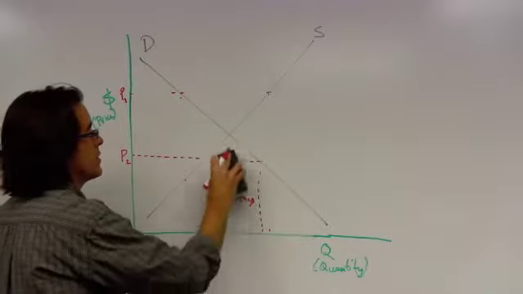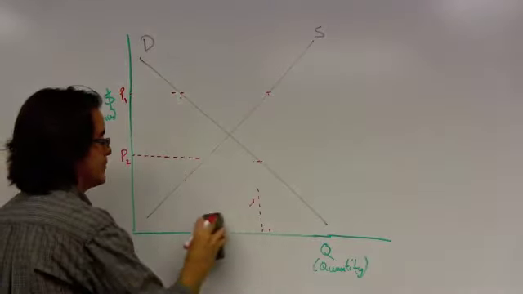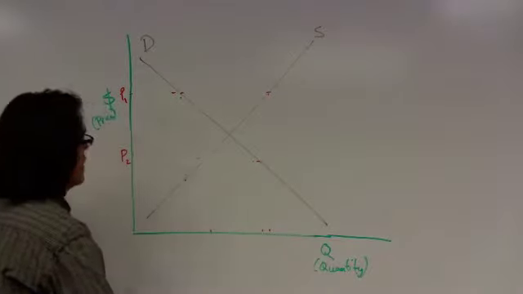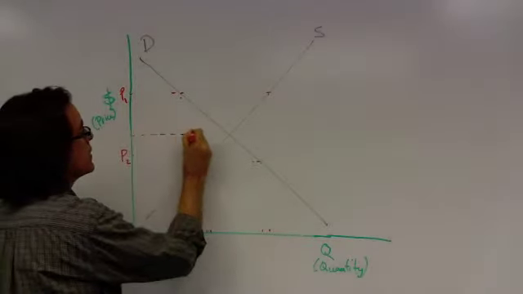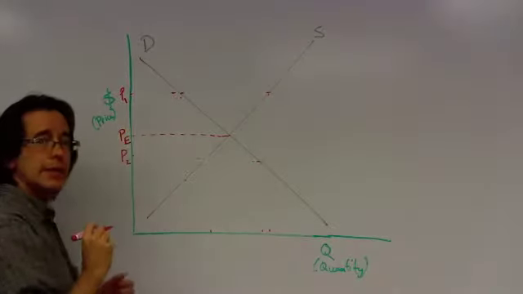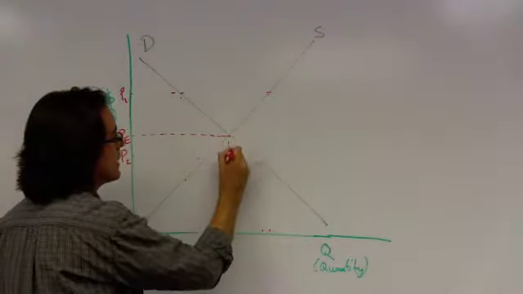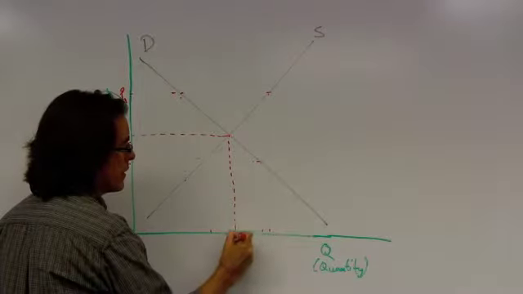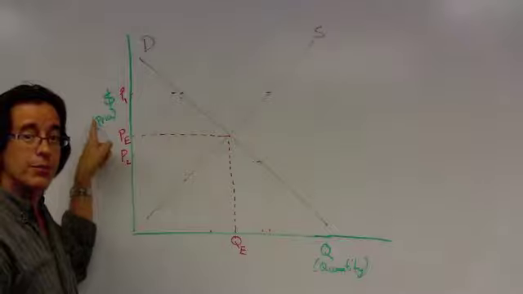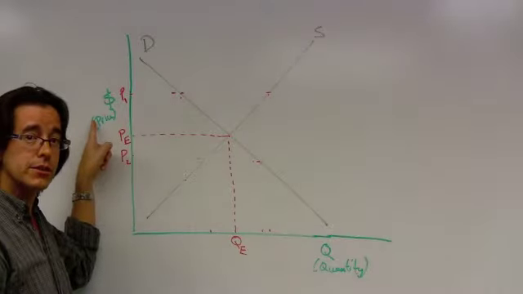So that leaves us with the third case, which we'll just say is P sub E, PE, and QE. So we'll say we have at a given price this equilibrium price.